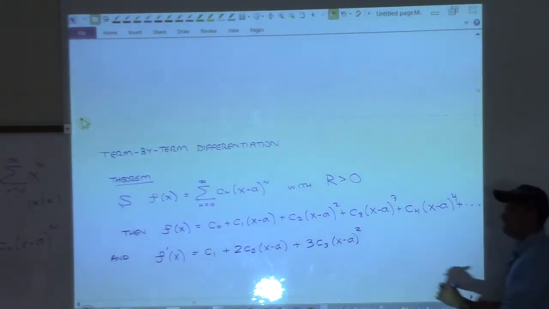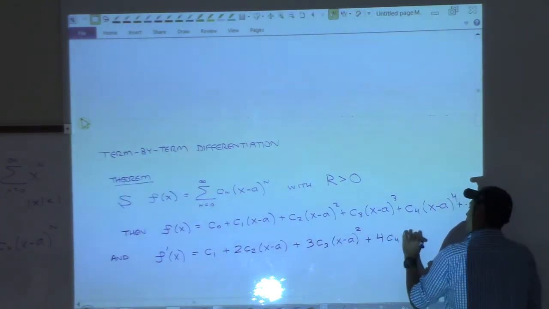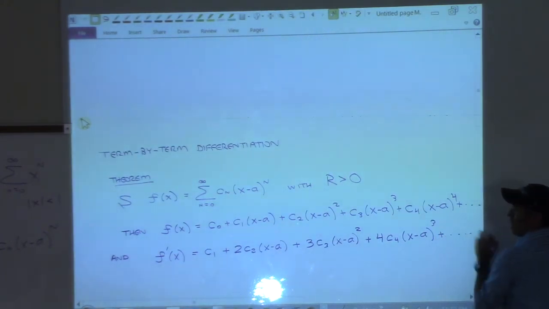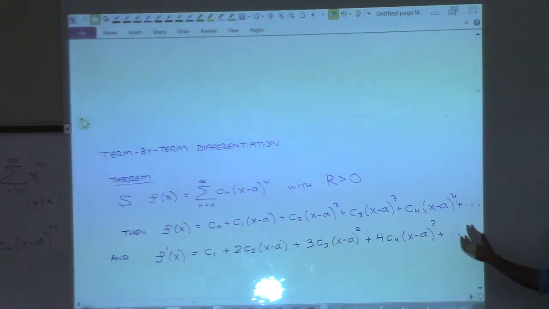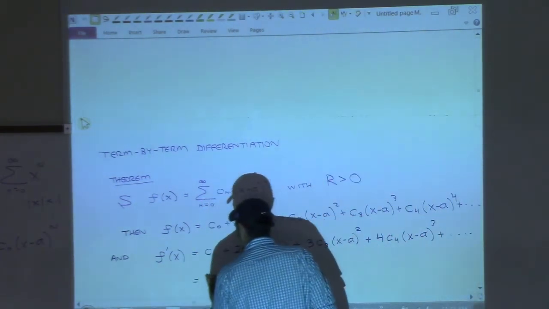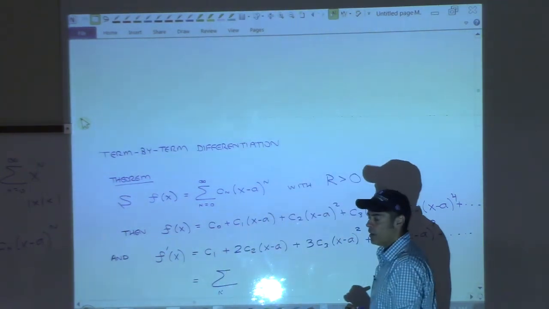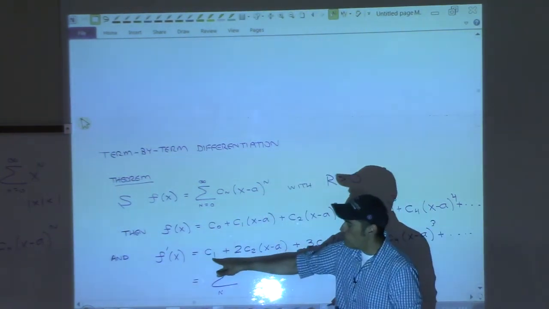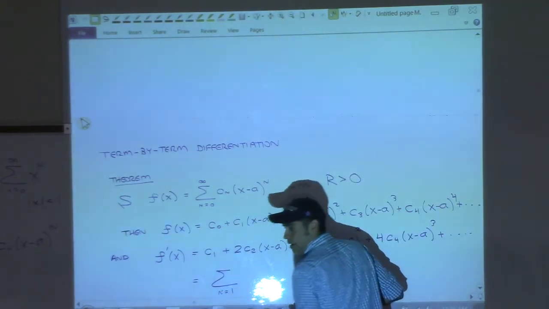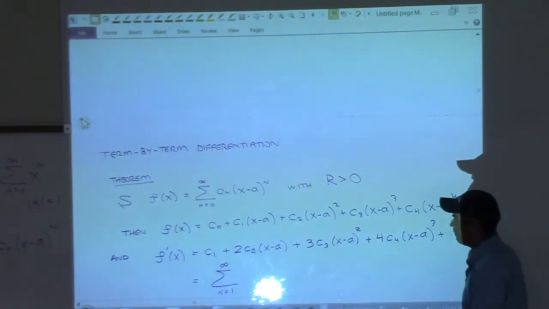And then this is just going to continue, right? Plus 4 c sub 4 times x minus a cubed, plus dot, dot, dot. Do you all agree with that? But this can be rewritten as a summation, okay? Because c sub 1 is where we're starting, I'm going to start my index at 1 and go to infinity. And let's see what pattern we have here.